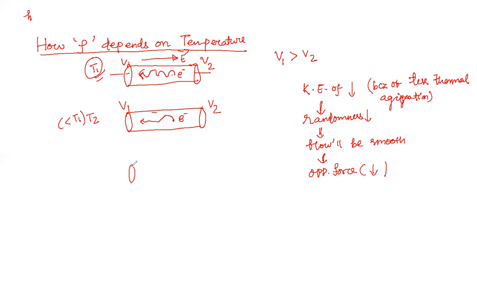In the next condition, if I take another temperature T3, which is smaller than T2, potential difference is constant, and T3 is less than T2.